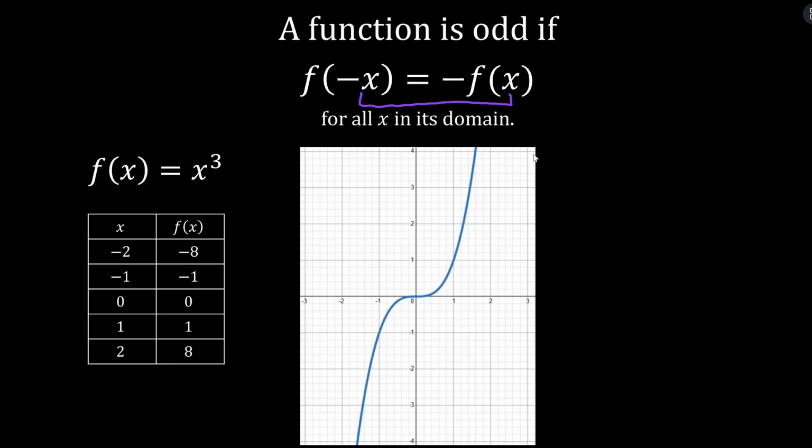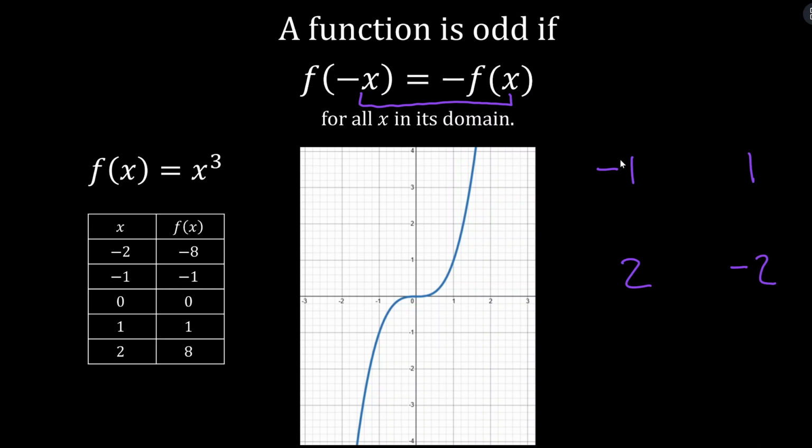If I pick x equal to 1, then negative x is going to be negative 1. If I pick x equal to negative 2, then negative x is going to be negative negative 2, or positive 2.